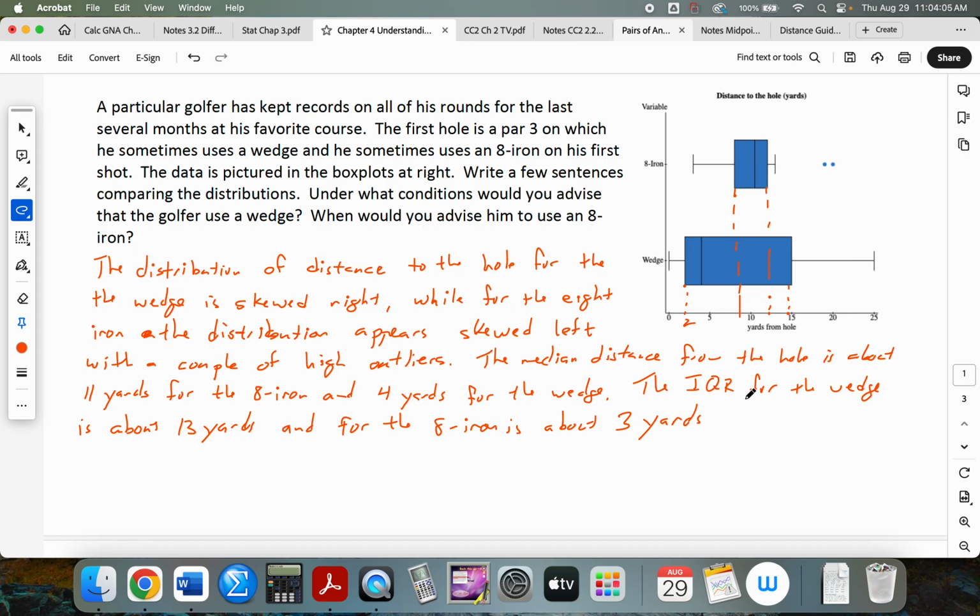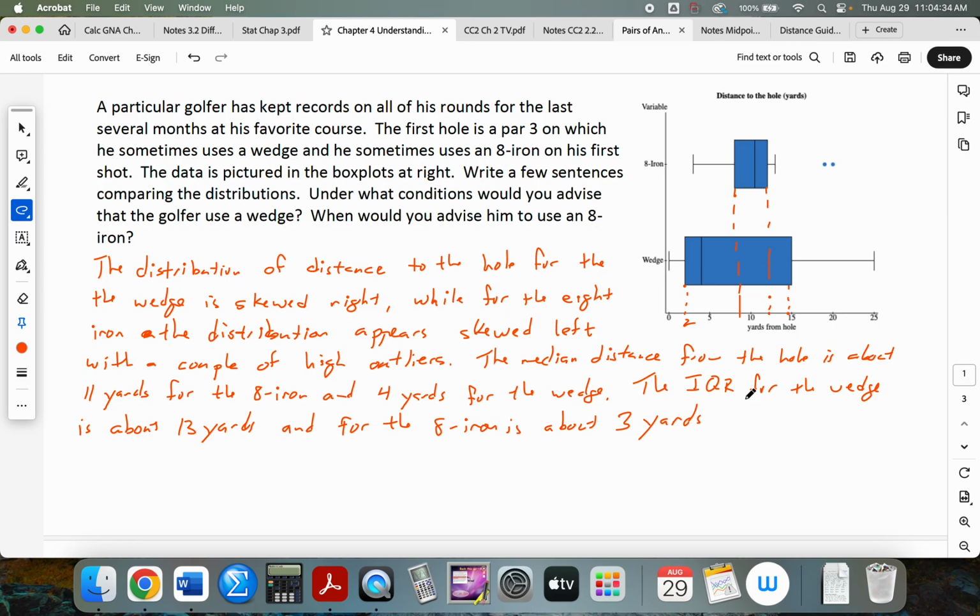And then you can talk about, all right, so which one would you advise them to use? Well, it depends, doesn't it? Other than a couple of bad shots with the 8-iron, he's more consistent with the 8-iron, isn't he? Yes. But if you want a really good shot, you should probably use the wedge.